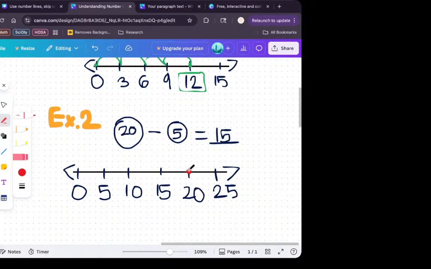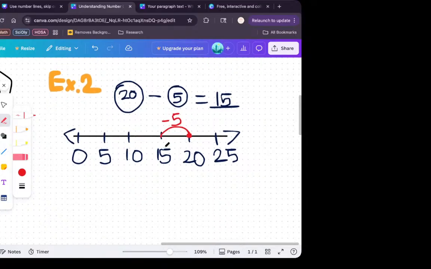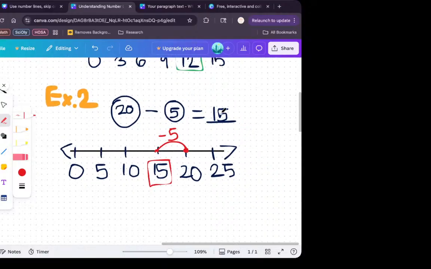If we go back by 1 jump, we are subtracting 5, which is the number of cookies I ate. And our final answer, according to our number line, is 15. That is correct because of our math that we did here, which we got 15 as well.